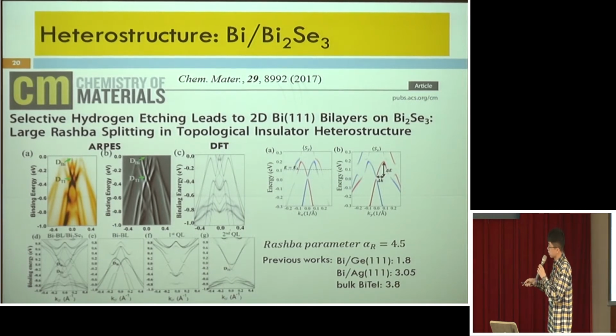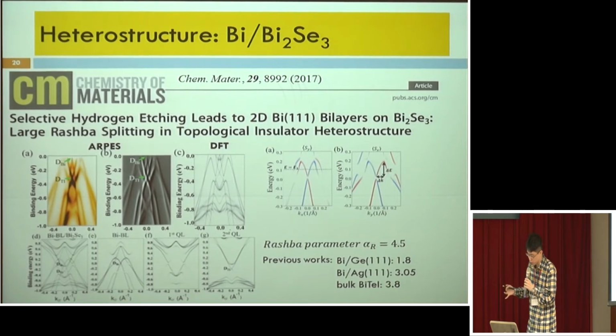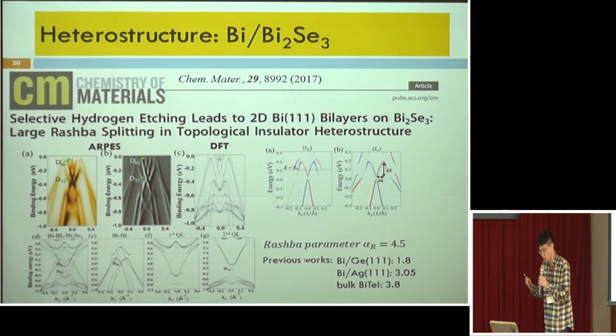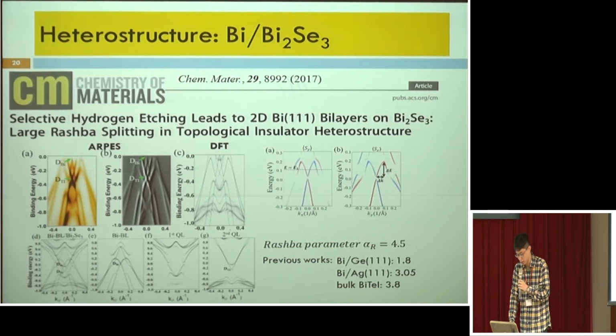Our simulation shows that in the bismuth bilayer, there is a large spin splitting in the bismuth quantum well state. And the Rashba parameter is very large, comparable with other large Rashba parameters. So the surface state of the topological insulator can be used to induce large Rashba splitting, which may be useful in future spintronics.